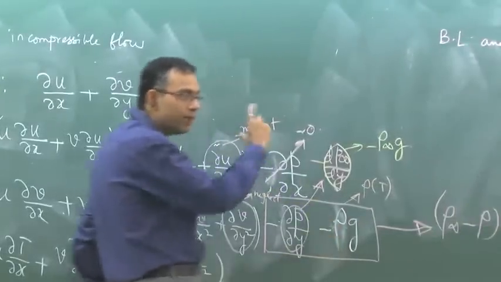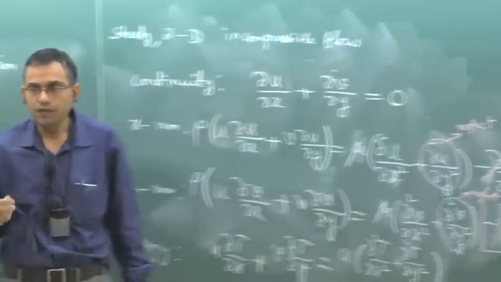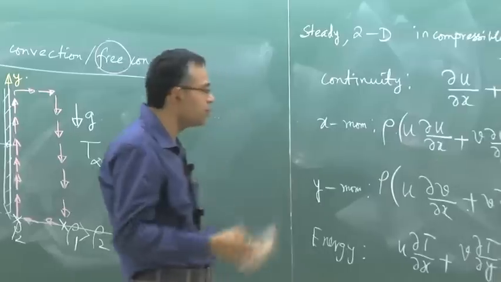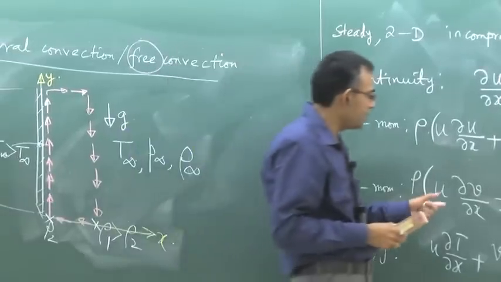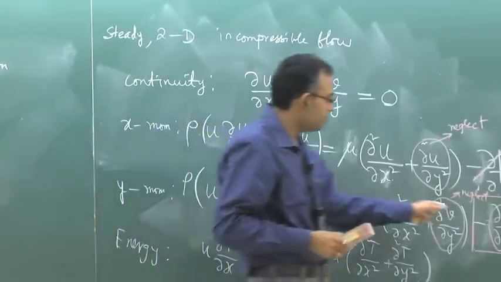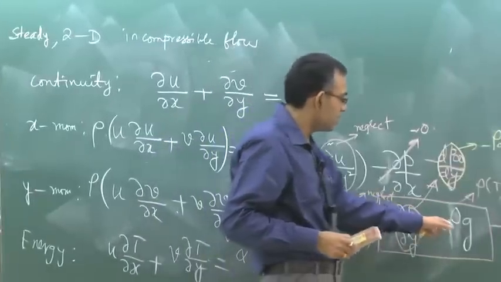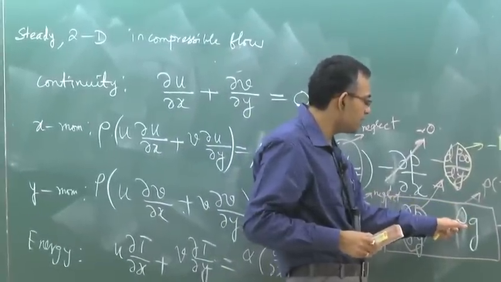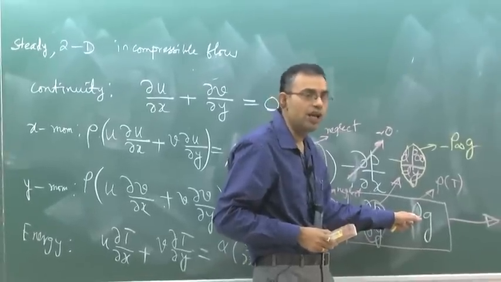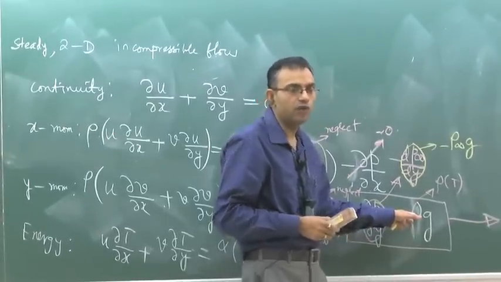So to simplify the problem, one important assumption was made by Boussinesq. He made an assumption that he considered the density variation with temperature to be important only for the body force term and not for the other terms.